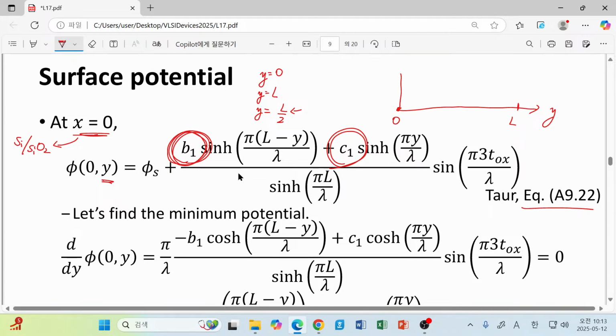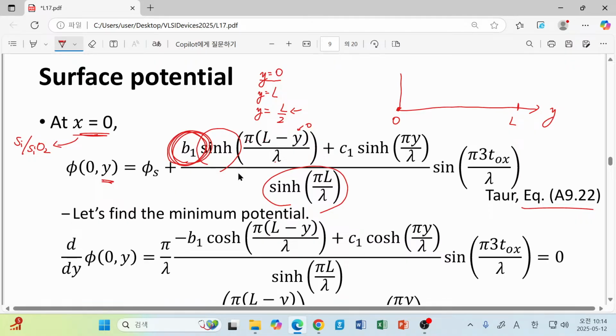So when we have y equal to 0, then what happens? When y equal to 0, the C1 coefficient doesn't play any role, so that vanishes. And how about this? In this case, when y equal to 0, this becomes 0, and we have a hyperbolic sine of pi L divided by L, but the same factor can be found here, so they all vanish to cancel out.